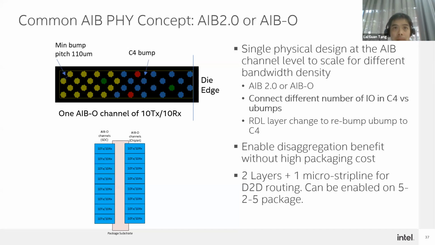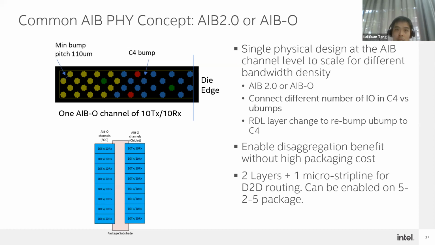And then in lieu of all these benefits and the use cases of different types of channel, and also to maximize the reuse, I want to talk about a new concept. Basically, it's a single PHY design that scales for different bandwidth density. It can support both AIB 2.0 and AIB-O. Natively, the PHY will be designed to match the number of microbumps for advanced packaging technologies.